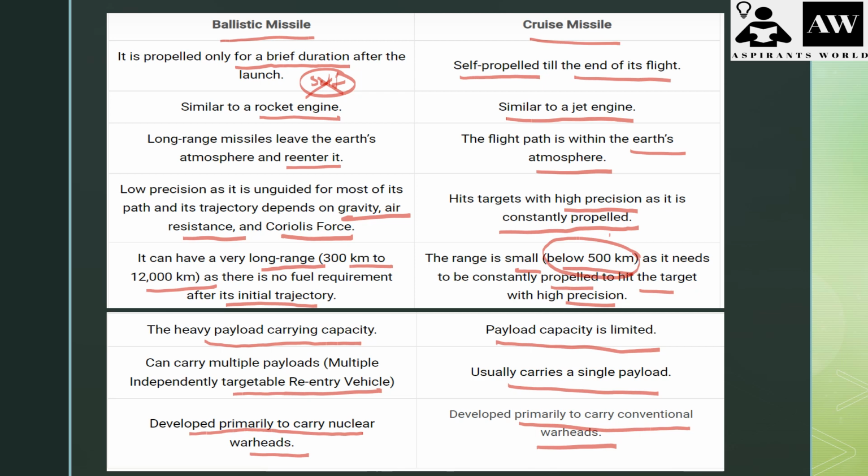It is a long range power, nearly 300 kilometers to 12,000 kilometers, and it has heavy payload capacity and can carry multiple payloads. All these are the advantages we see compared to the cruise missile category. So it is very important to know the difference between ballistic and cruise missiles from the exam point of view.